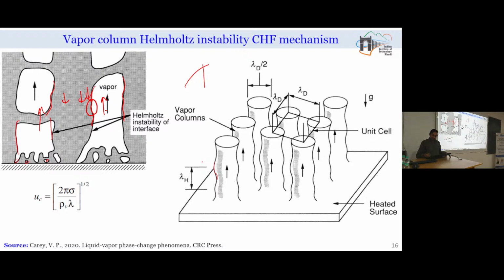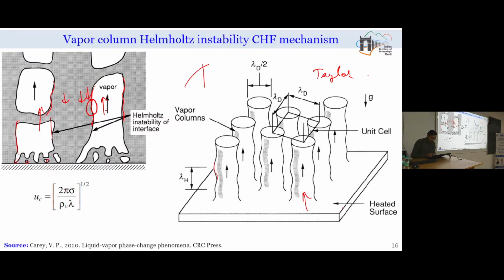So, you can observe that if you have a planar heater surface, the wavelength at which columns will be appearing is decided by the Taylor instability. Because the bubble is rising because of buoyancy.